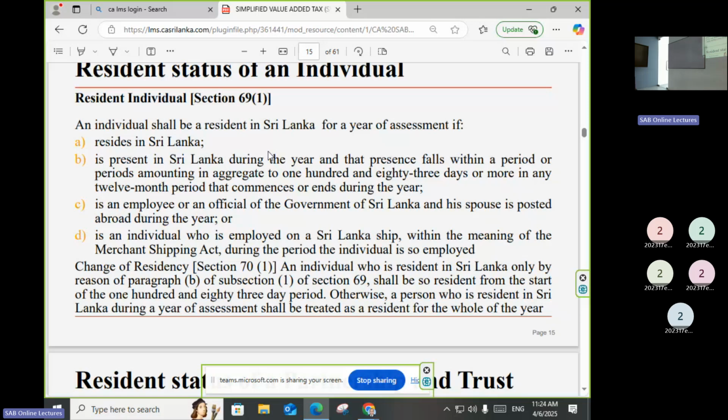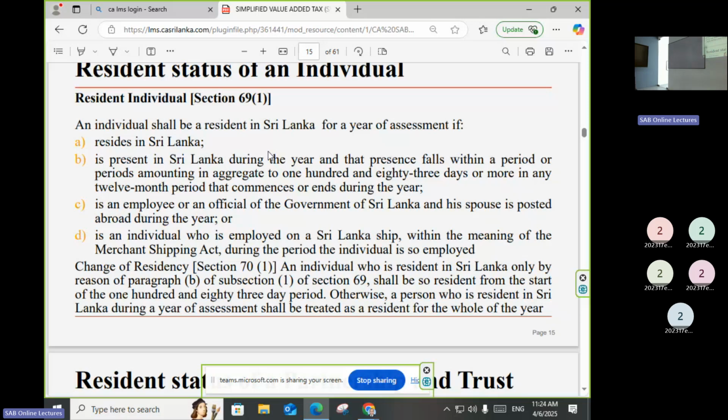The first rule says if somebody is physically present in Sri Lanka more than 180 days, he shall be treated as a resident person for tax purposes. The second rule is that irrespective of the number of days they are physically present, if they are a government employee or official, even though they are posted outside Sri Lanka, they are still considered resident individuals for tax purposes. Clear?